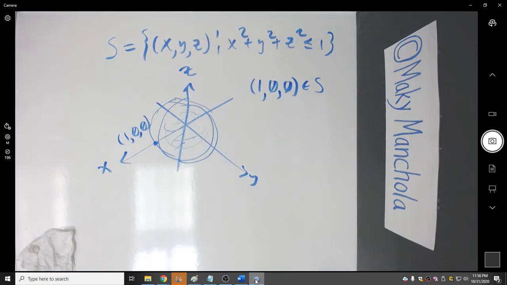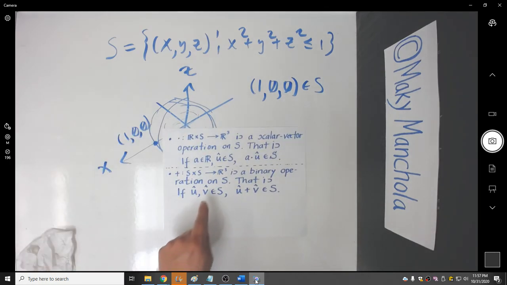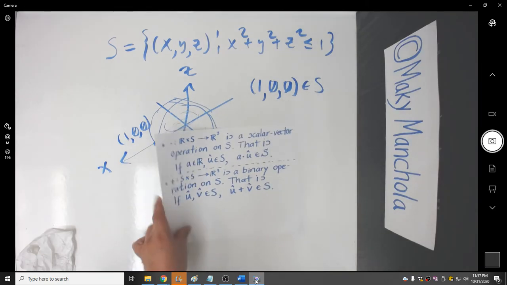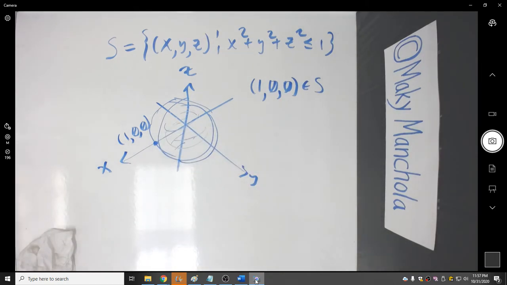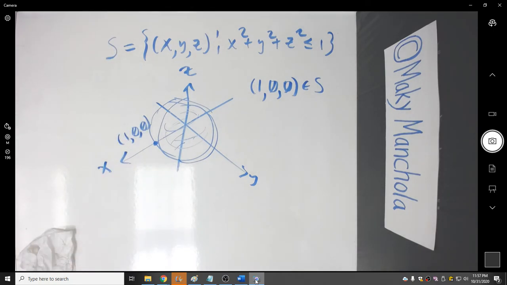I'm suspecting that closure under addition is not going to be satisfied. I won't bother checking anything other than this. I suspect that S, the structure with this set, is not a linear space, because it doesn't satisfy closure of addition.